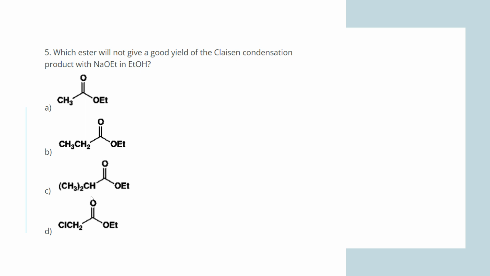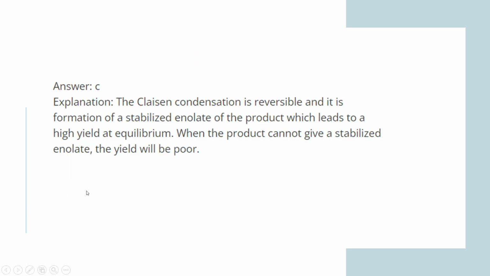That is the concept. The acidity of the proton will decide how good your Claisen condensation will be. So the answer is option C, because of the electron richness of this carbon center.